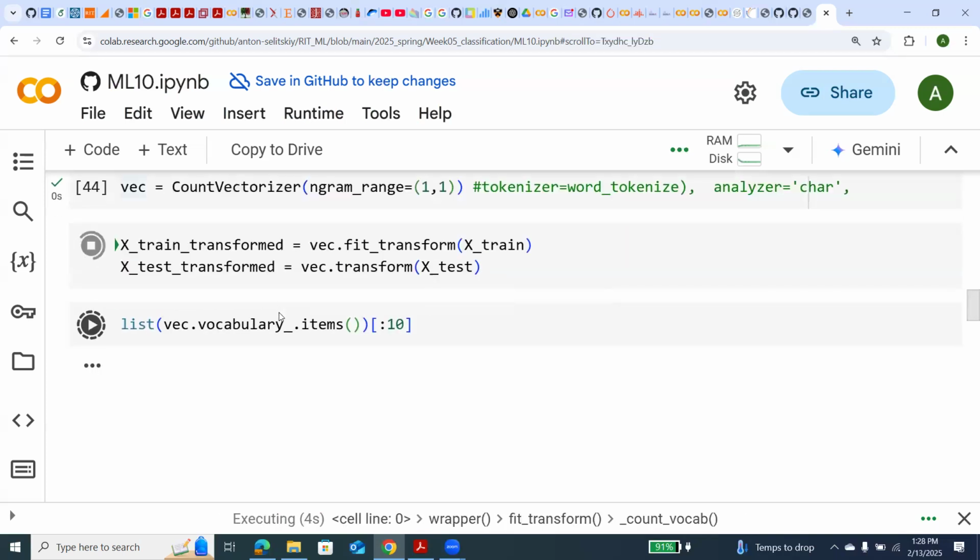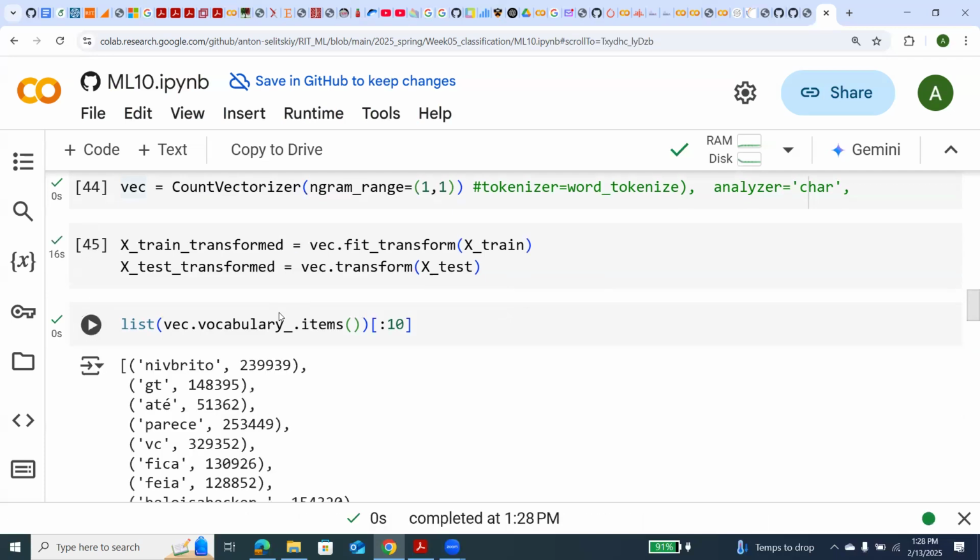So the most time-consuming part is to create the dictionary of these tokens because it should go through the entire data set. First, remove stop words, all this stuff, and then count.